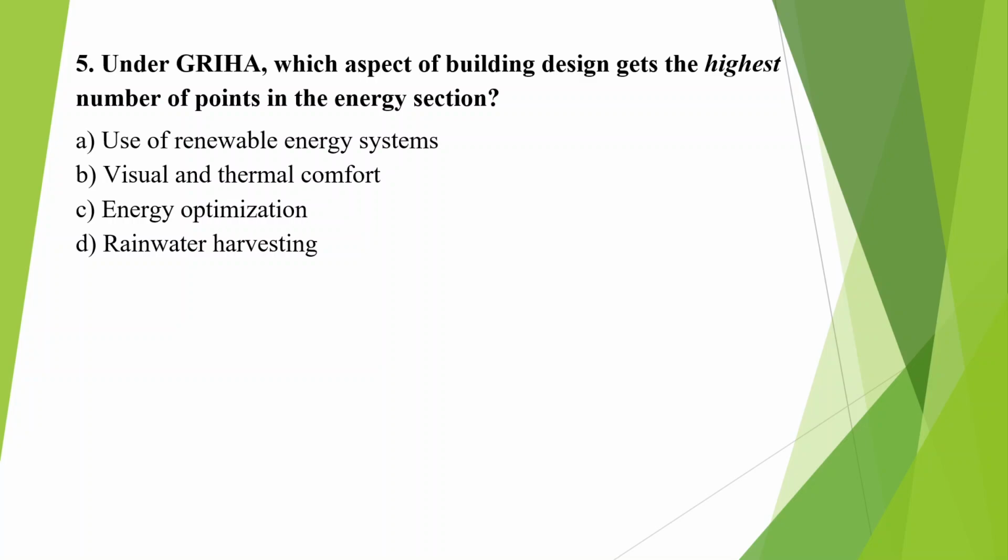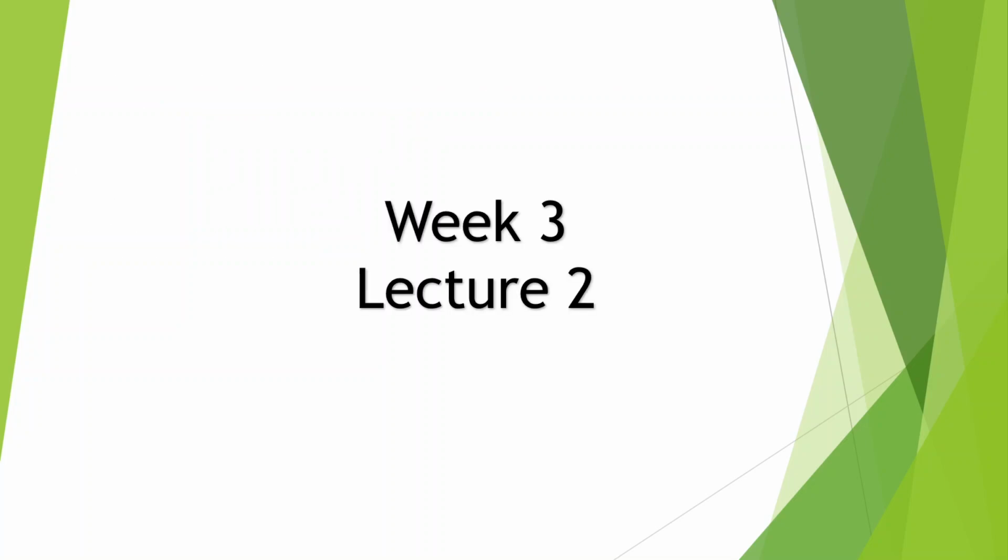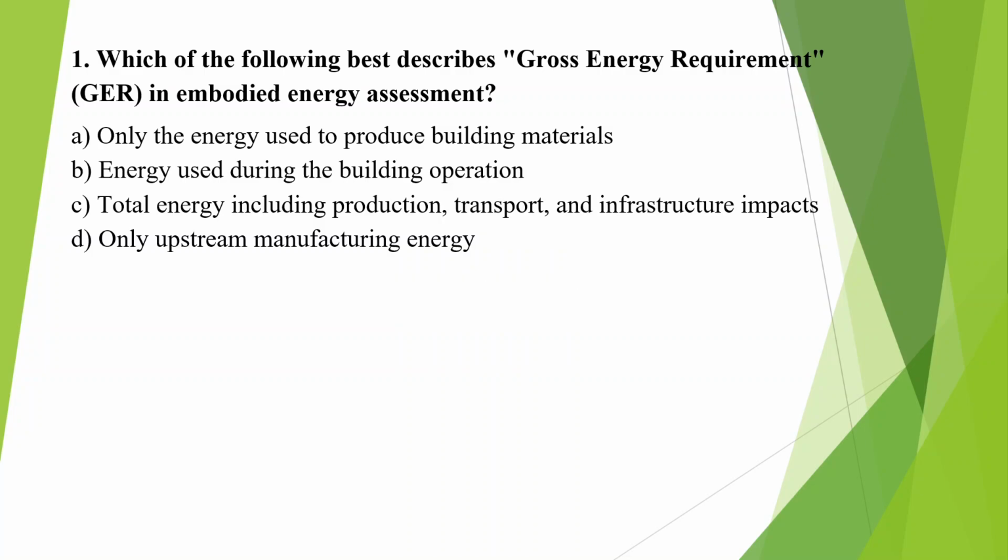If it had been asked in the exam, it contains 12 points, which is the highest under this particular category. So let's move to the week 3, lecture 2 contents, and let's recall and revise those things and try to give answers to these questions then. The first question is in front of you all from the week 3, lecture 2 series.